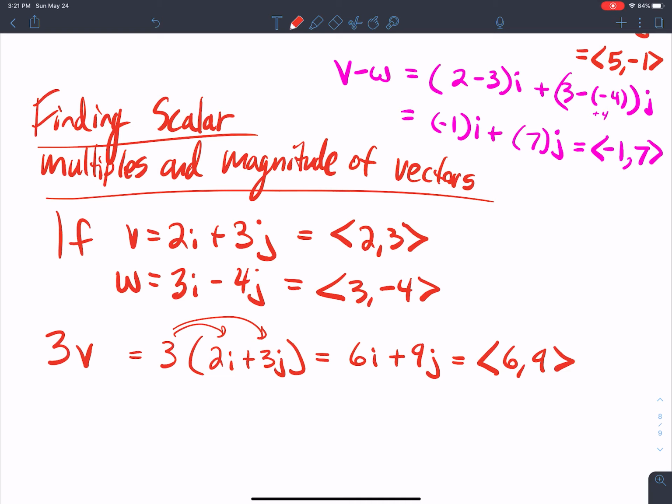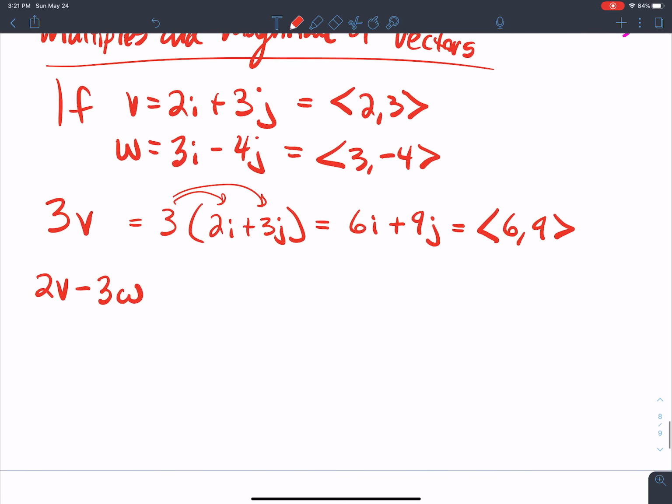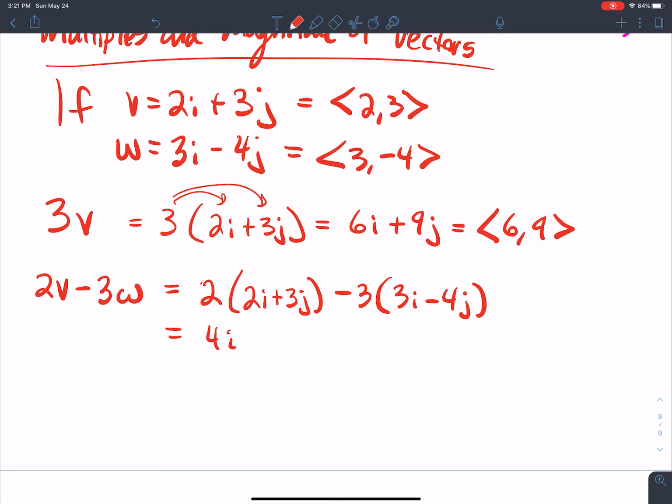The next one I want to do is 2V minus 3W. Now this would be 2 times (2i plus 3j) minus 3 times (3i minus 4j). Simplify here, that's 4i plus 6j minus 9i, and minus a minus makes a plus 12j.